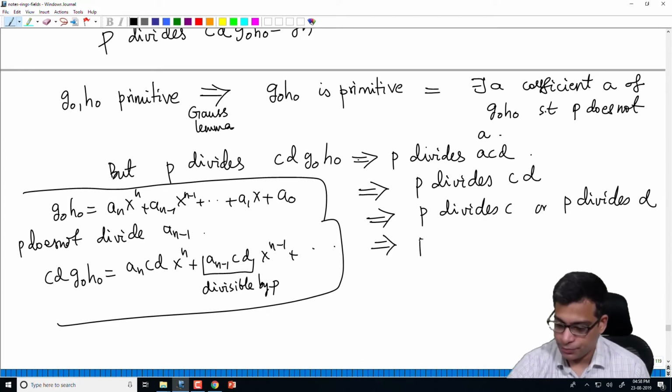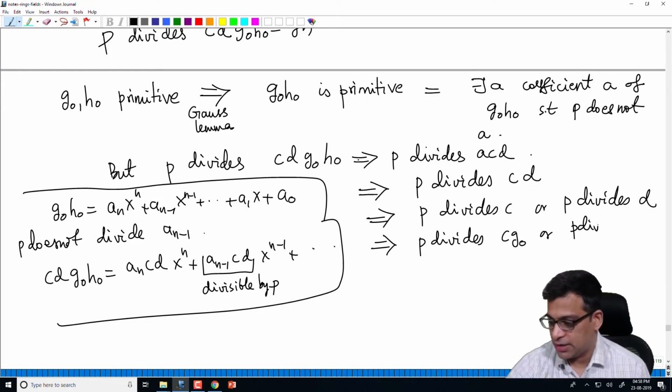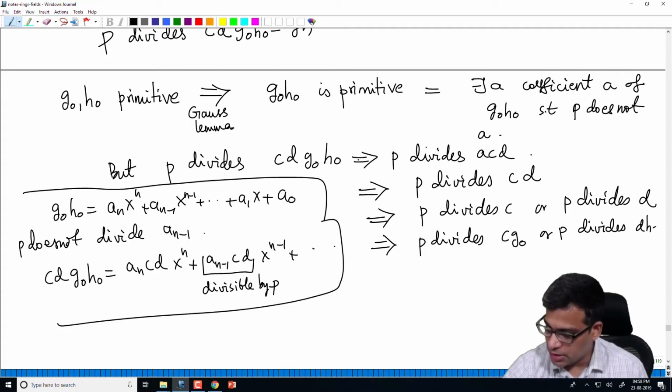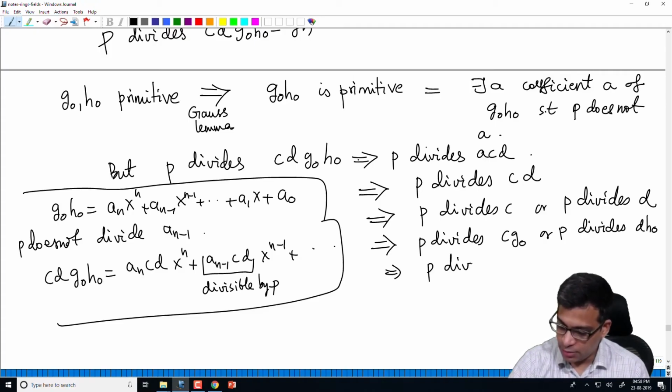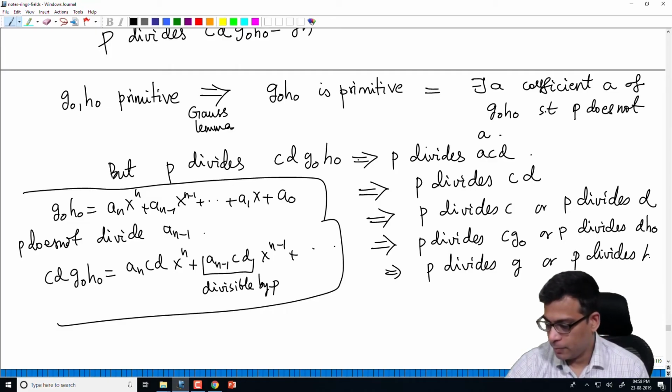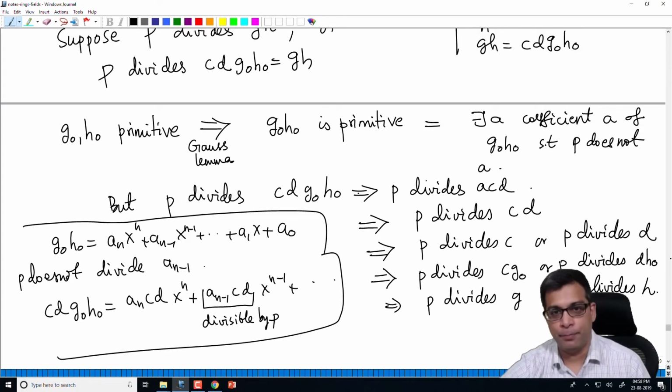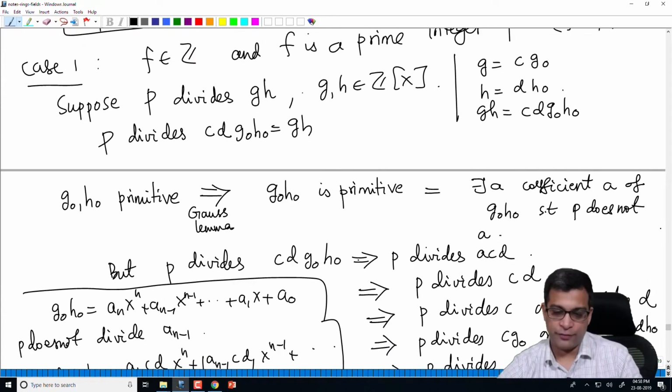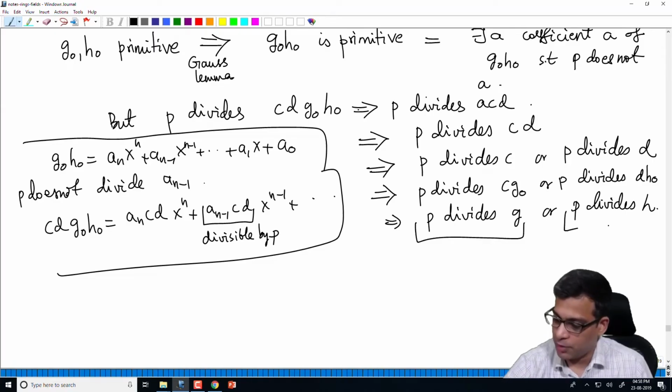That means p divides c g0 or p divides d h0, that is, p divides g or p divides h. Okay, so that's all. It's a long argument for a very simple fact: a prime integer in Z[x] is a prime element. We have taken two polynomials whose product is divisible by p, and we have concluded that p must divide one of them.